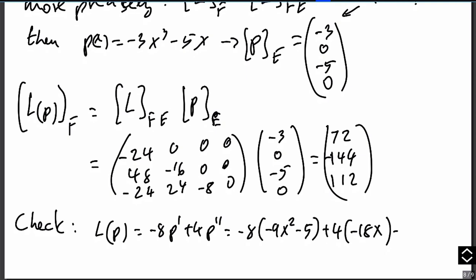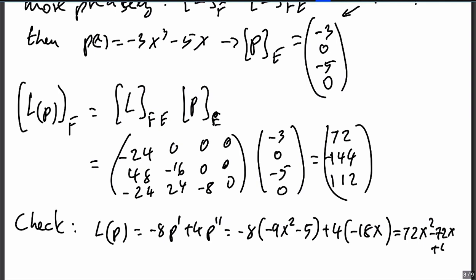So altogether you end up with 72x squared plus 40, and then minus 72x plus 40.